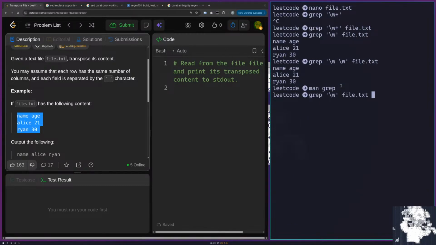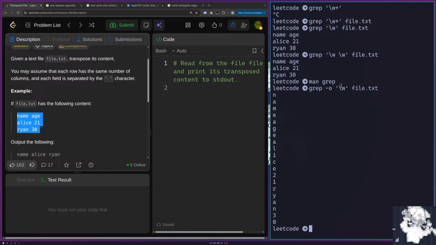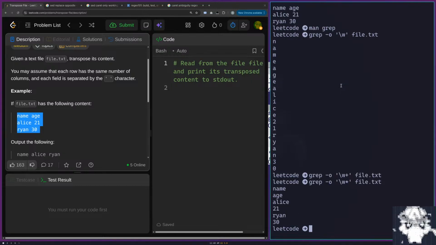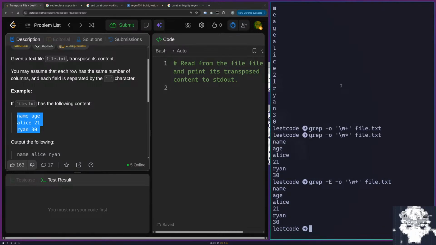Okay. -o, \w. Okay. I wonder why plus doesn't work. Is that because it's not extended regex? If I do -E and then a plus here? Oh, okay.